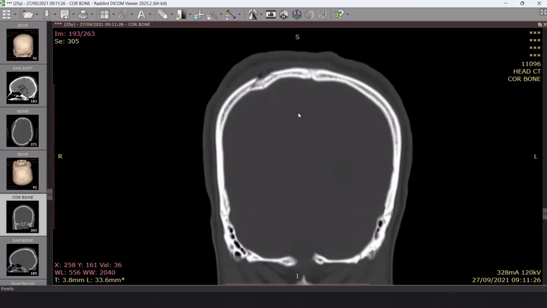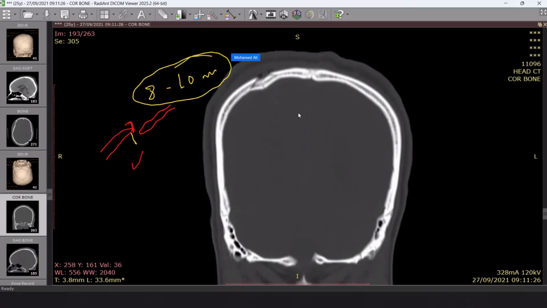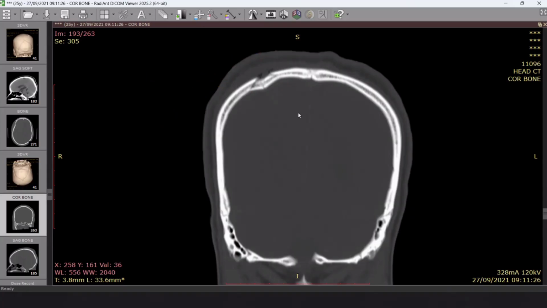If it is depressed passing the whole thickness of the calvarial bone, this is considered one of the potential indications for surgical intervention. If we have the depressed bone segment more than 8 to 10 millimeters, it is considered one of the indications for surgical intervention. If we have any focal neurological deficit, it's also one of the indications.